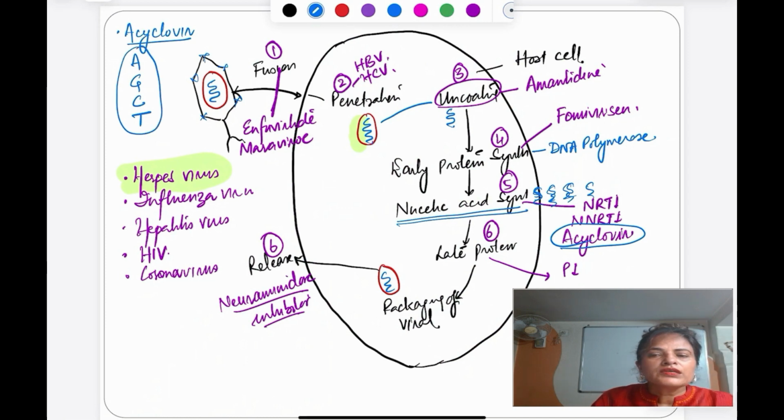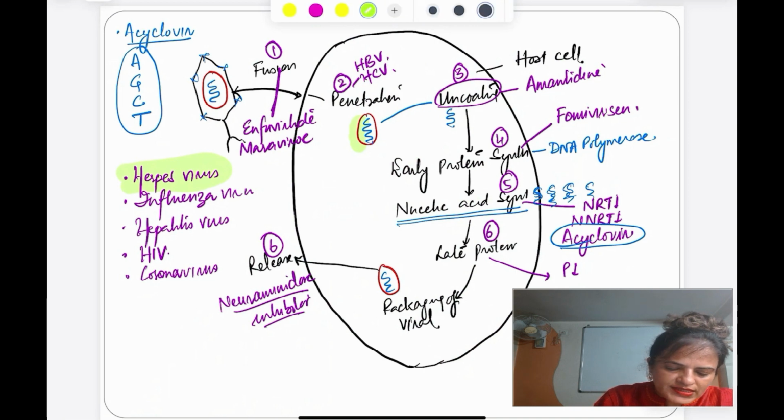So if we give a drug, suppose acyclovir, which mimics these, with a structural resemblance to these, then what will happen? The virus, instead of taking adenine, guanine, cytosine, is going to incorporate acyclovir.